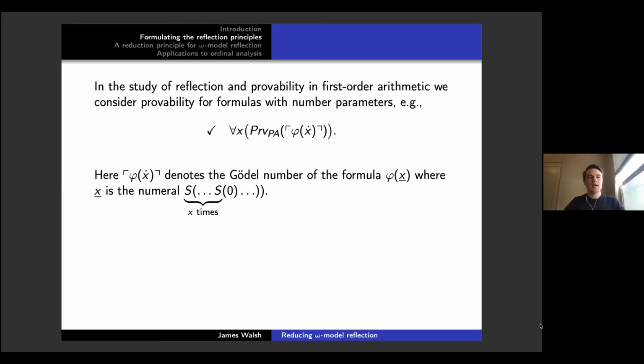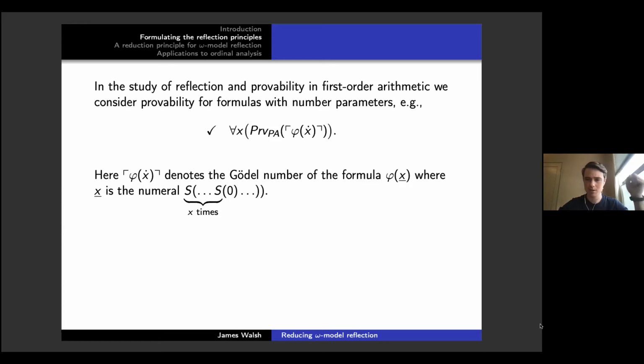So in the study of reflection principles and provability in first order arithmetic, we can consider provability applied to formulas that have number parameters. Like for every x, PA proves φ(x). We saw this before in the uniform reflection principle.